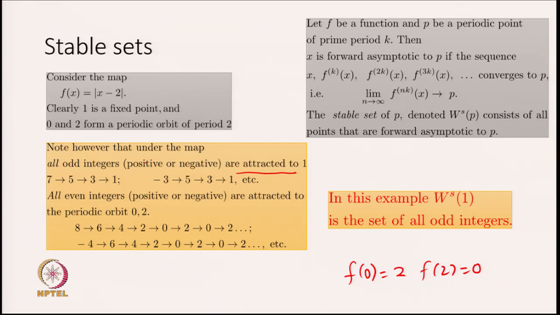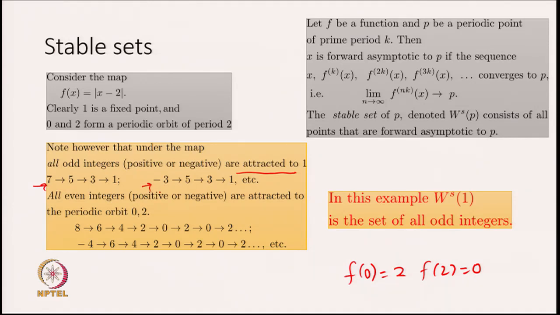From 7 I go to 5, from 5 we go to 3, and from 3 you go to 1, and 1 we know is a fixed point. On the other hand, if I start with minus 3, I go to 5, then I go to 3, and then I go to minus 1, then I go to 1, which is also the fixed point.